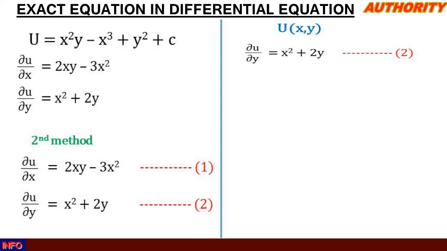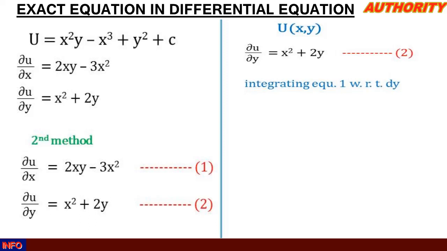This u was partially differentiated with respect to y, so we need to take away the partial derivative. To do that, we integrate with respect to y, because it was partially differentiated with respect to y.